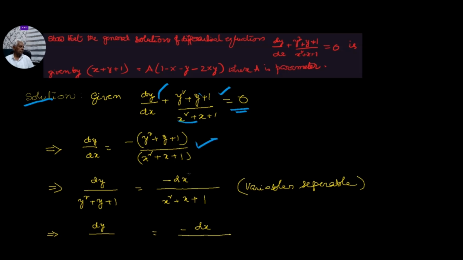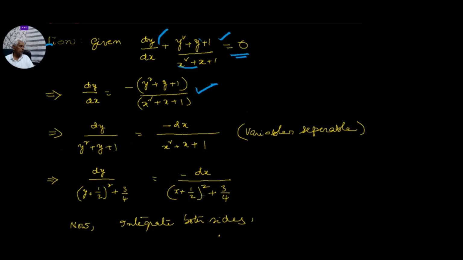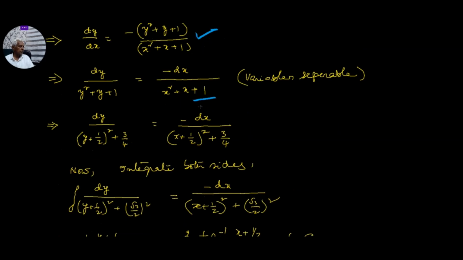And next, we have to do the variables separable. dy absorbs y terms, dx absorbs x terms. So dy divided by (y square plus y plus 1) equal to minus dx by (x square plus x plus 1).